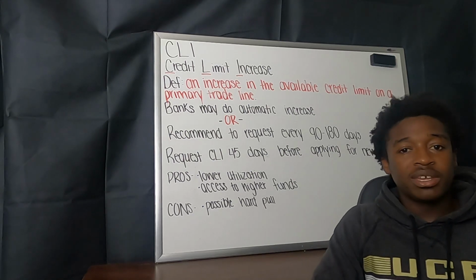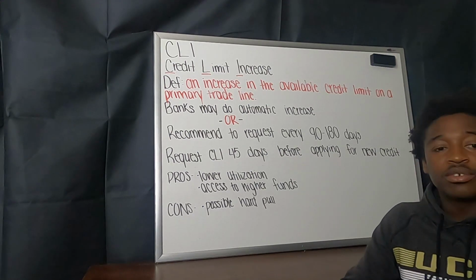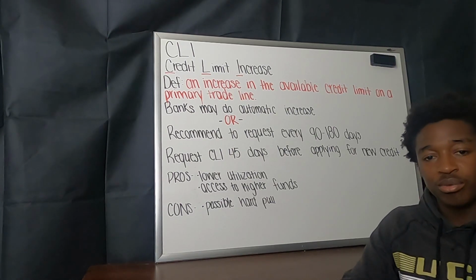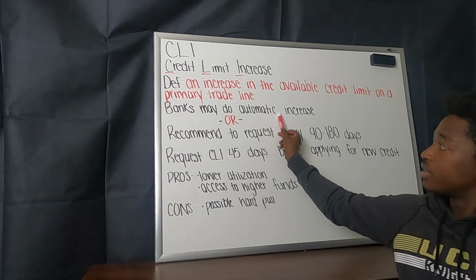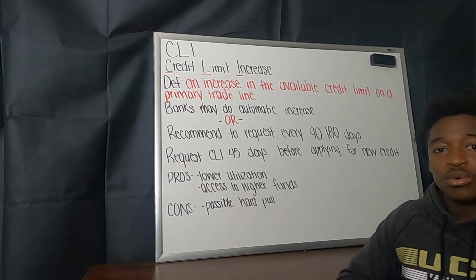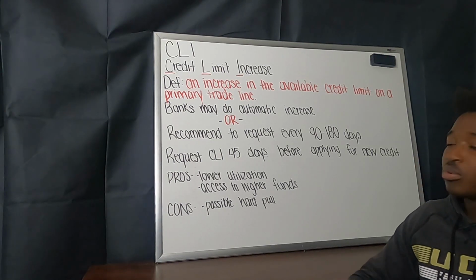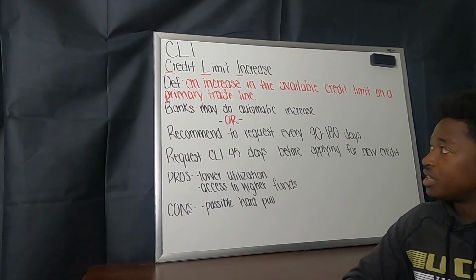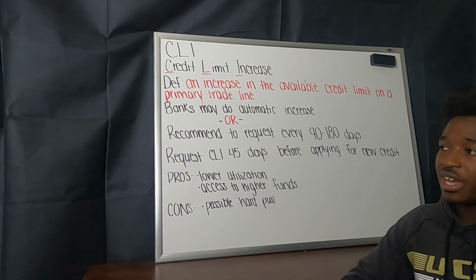What I recommend personally is, because for a credit limit increase, depending on your bank, it could be a soft pull or a hard pull. If it's a hard pull, I recommend waiting for your bank to do an automatic increase, or just applying for a totally new credit product, rather than utilizing one of your hard pulls to increase a trade line that you already have.